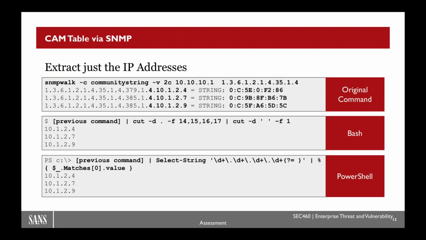Here we have the command line way of chopping up the output from our SNMP walk to get the IP addresses. There are some other tools as well where we can get that IP address and MAC address mapping. Then we can tie it back to a particular device, and then we have an understanding of both a unique system by MAC address, as well as some of the IP addresses in our network.